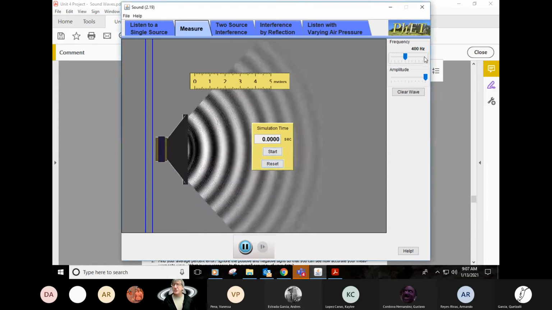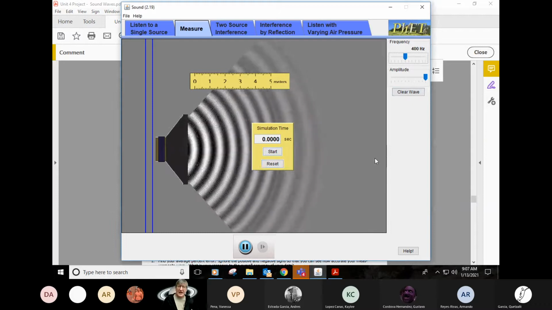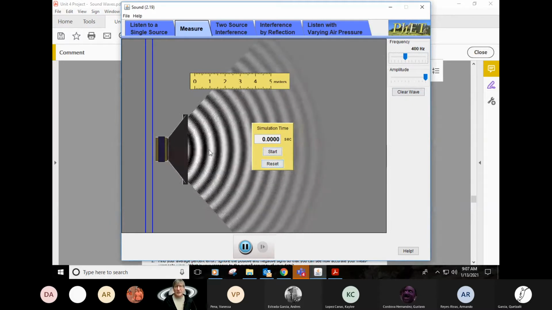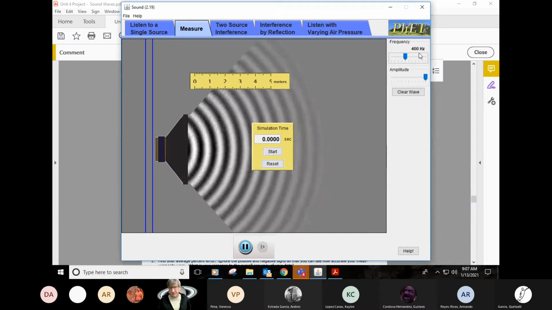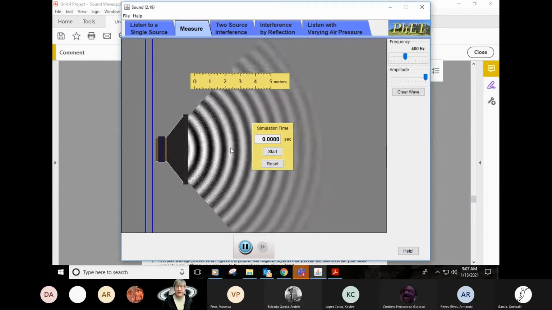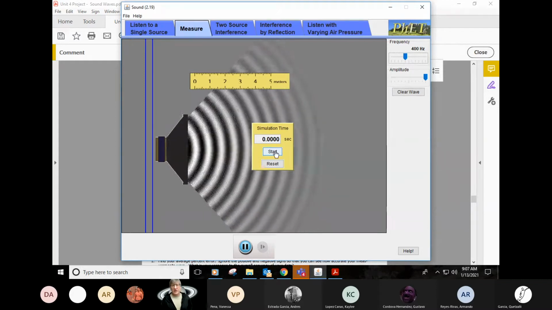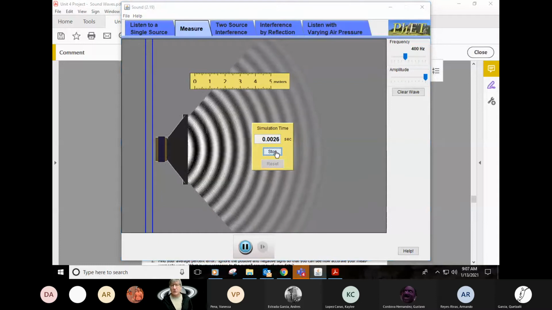I'm going to turn up the pitch, turn up the frequency. It's pulsing faster. The waves are also getting shorter. At the same time, the frequency gets bigger, the wavelength gets smaller. Here we go. On 3, 2, 1, go.